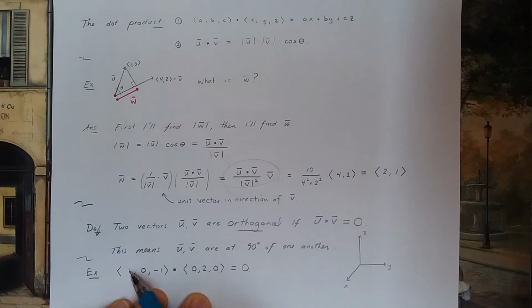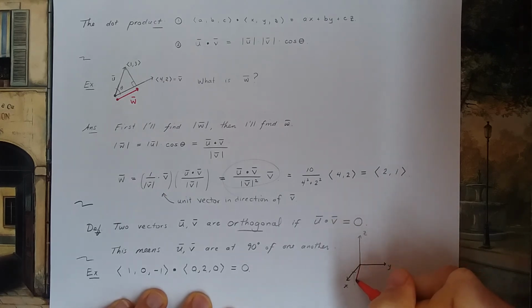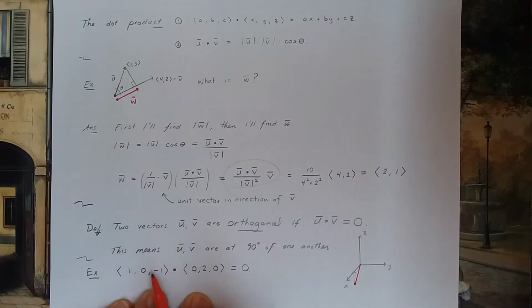So the vector 1, 0, -1 says I'd travel 1 unit in the x direction, 0 units in the y direction, and 1 unit down. So the vector 1, 0, -1 is the red vector as shown.